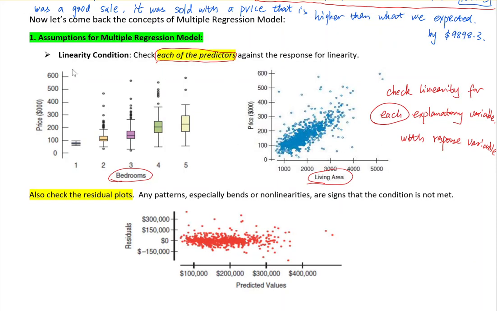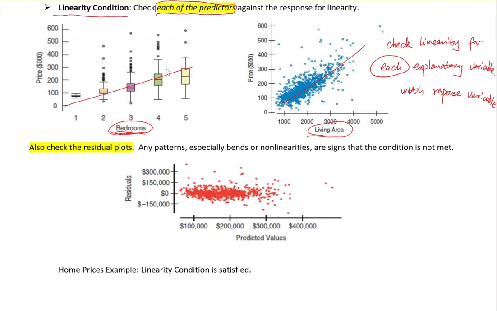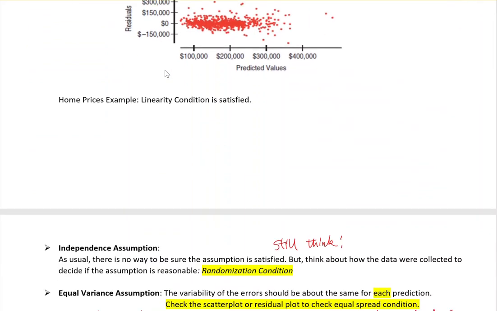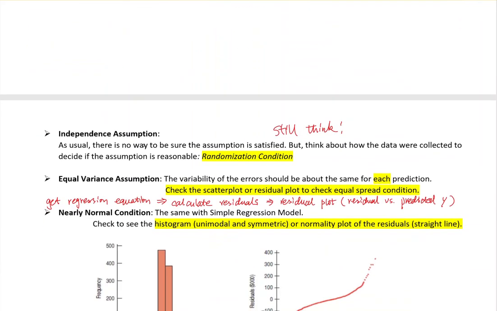So for the first assumption, the linearity assumption, we need to check whether each variable shows a linear relationship between the x variable and the y. And next is the independence assumption.